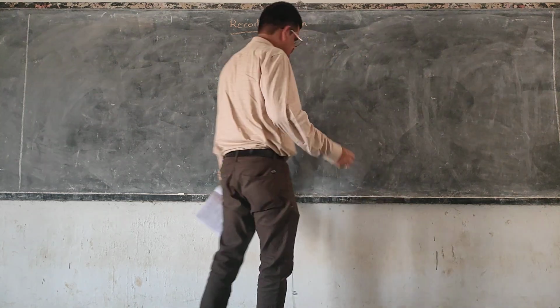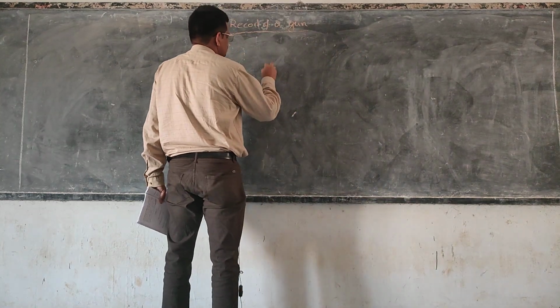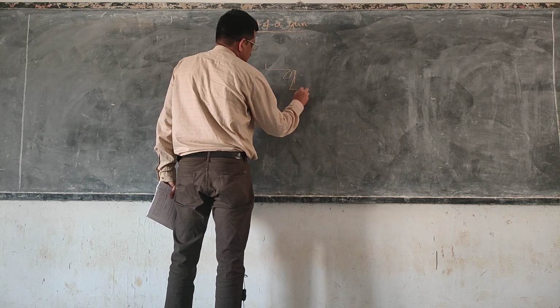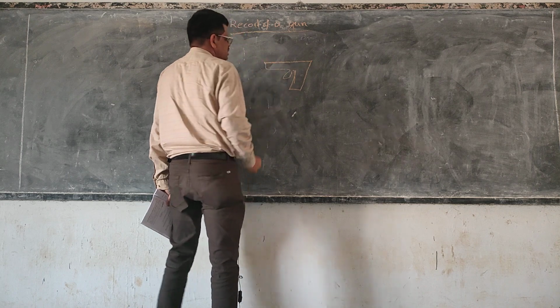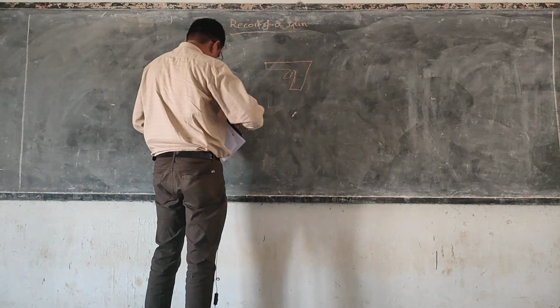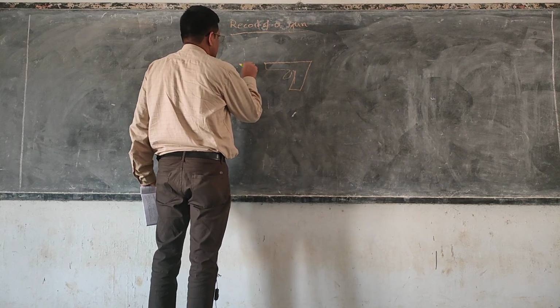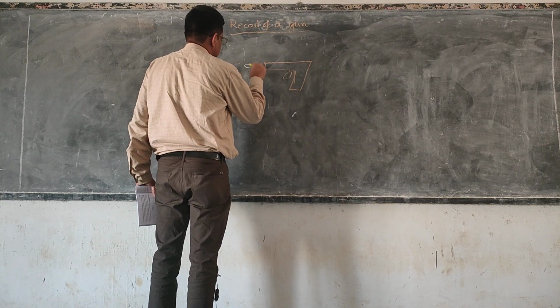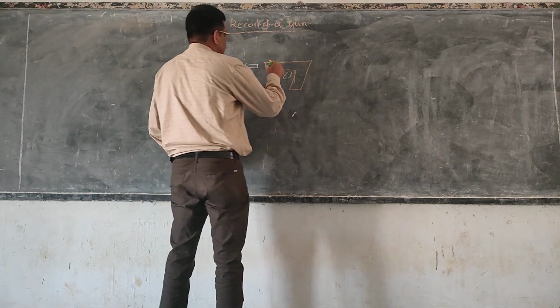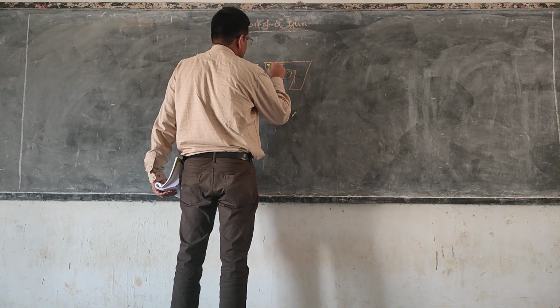So let us take a gun. So this is a gun. Assume that the bullet is fired from this gun like this. Initially the location of the bullet is like this.